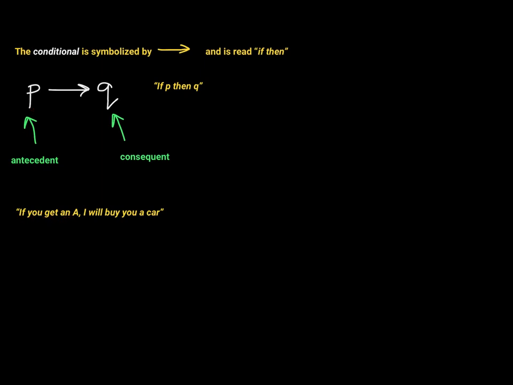This would be your P, right? If you get an A, then I will buy you a car. The then is not written, it's not explicitly given, but it's implied. So if you get an A, I will buy you a car means if you get an A, then I will buy you a car. Sometimes the then is written here on the consequent, other times it's not.